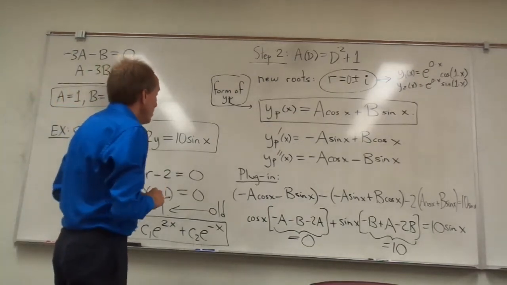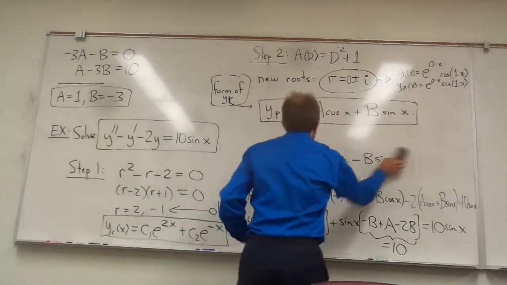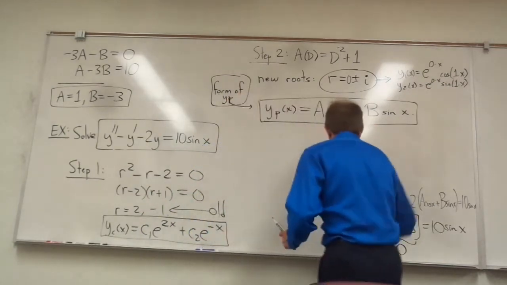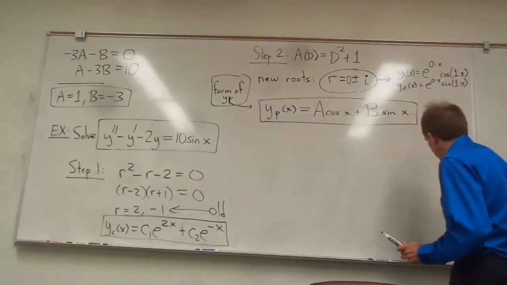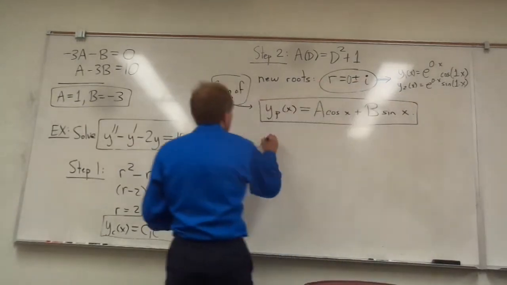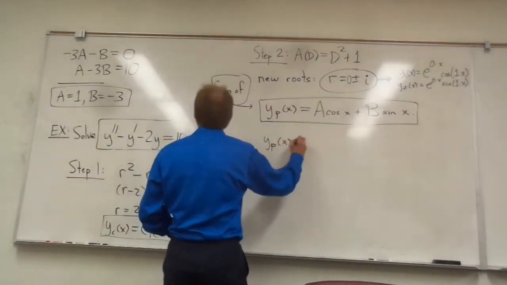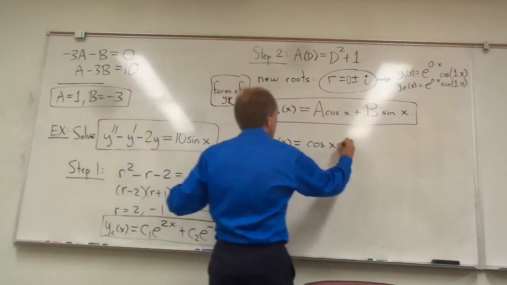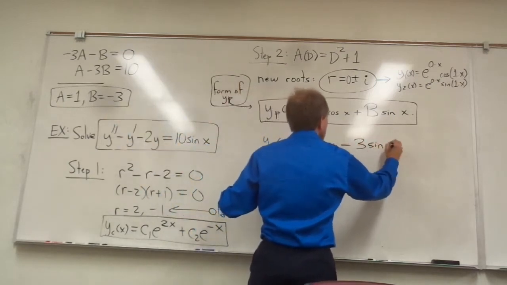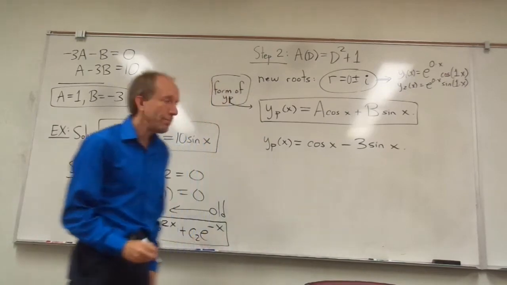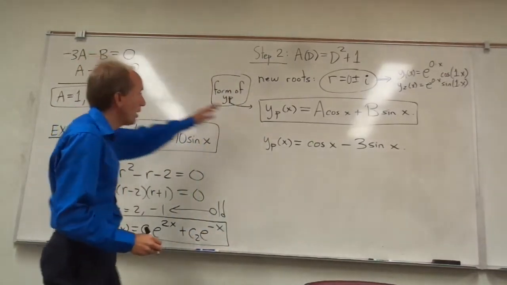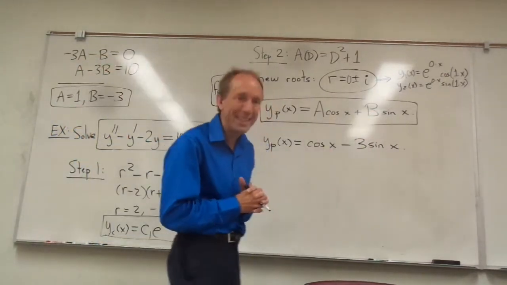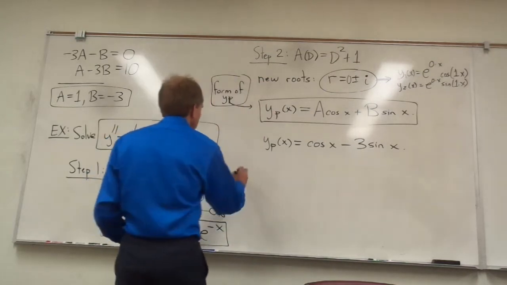So what that means is that your particular solution is just cosine of x minus 3 times sine of x. I've just put a equals 1 and b equals negative 3 into the particular solution.